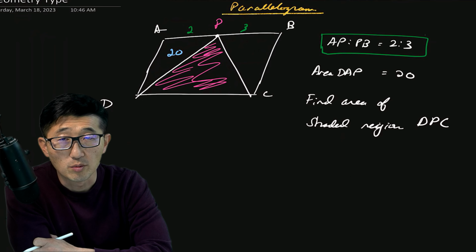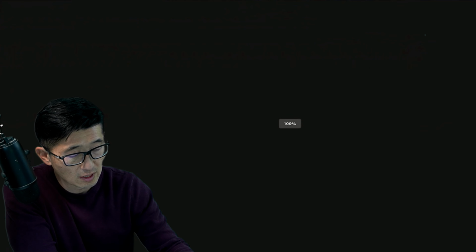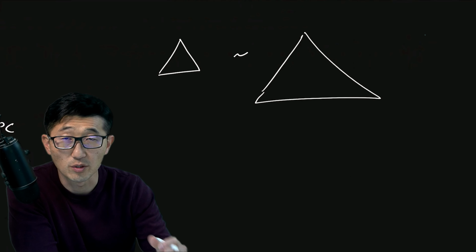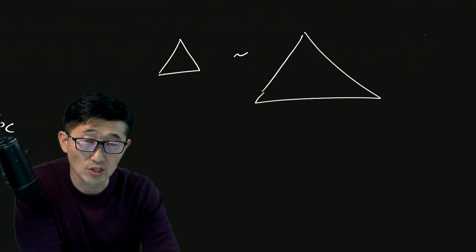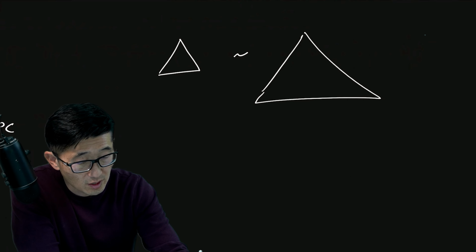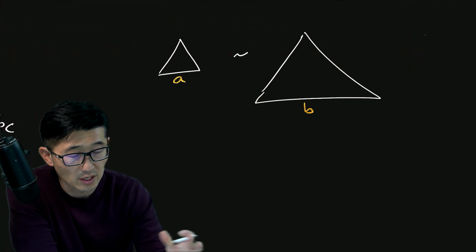Now, to do this problem, you have to know certain proportional rules for similar triangles. In geometry, you should have learned that when two figures, it can be triangles, it can be any kind of shape, as long as they're similar, the sides are proportional. Let's say that this side right here is an A and this is a B. It could be any number.